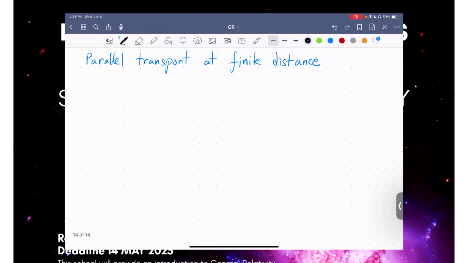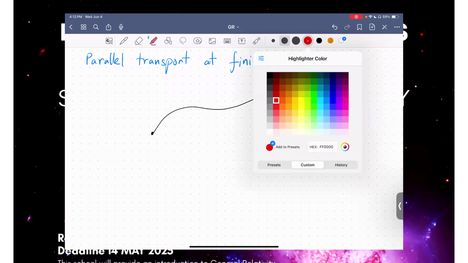Now we are really moving things far apart. We start from some point, and then we follow some curve very far away, maybe, and then we reach another point. And suppose you have some vector fields lying around, or really any tensorial field.